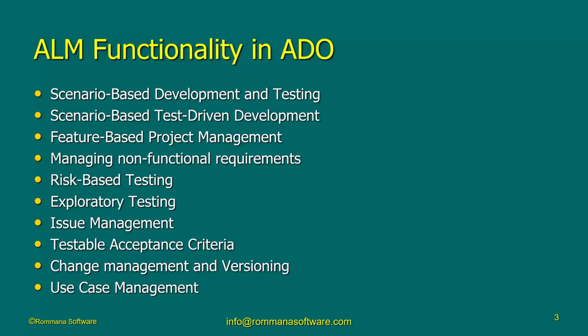Change management and versioning is a big thing because, as we know, things do not remain as is for too long. User stories change. Features change. Epics change over time. And we want to be able to create or maintain different versions of the user story or the feature or the epic.